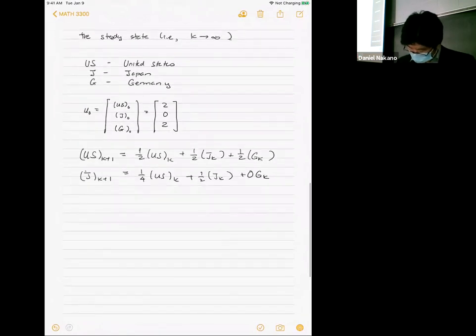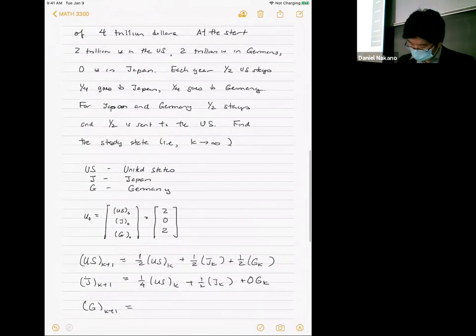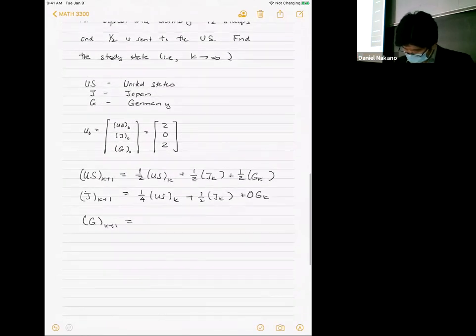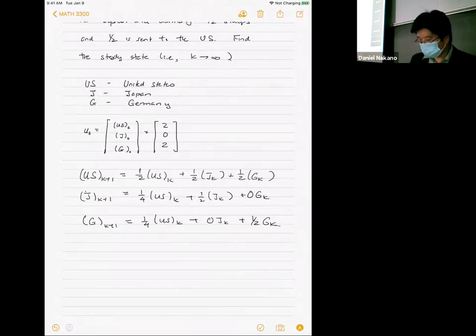And similarly for Germany in the K+1 year, how much does it get from the US? It gets 1/4. It gets nothing from Japan. And it keeps 1/2 of its own. All right, is everyone clear how we use the data to get these equations?